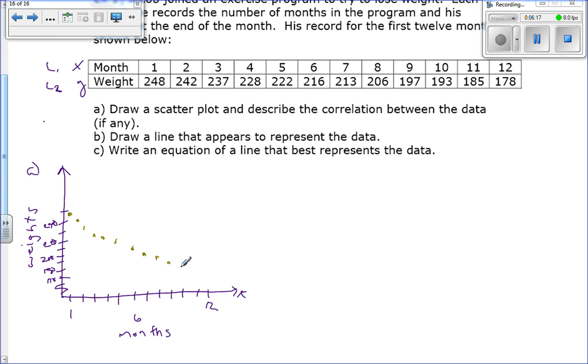Month 10 is 193. Month 11 is 185. And month 12 is 178. Those are approximate, obviously. So this is a scatter plot. In a scatter plot, you do not connect the points.